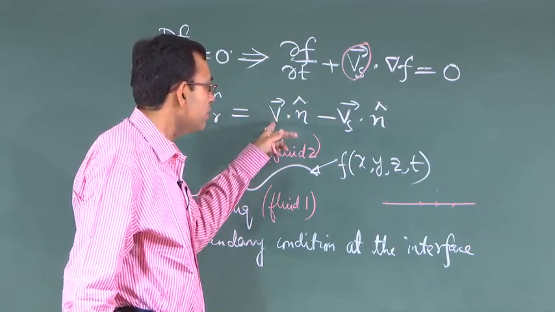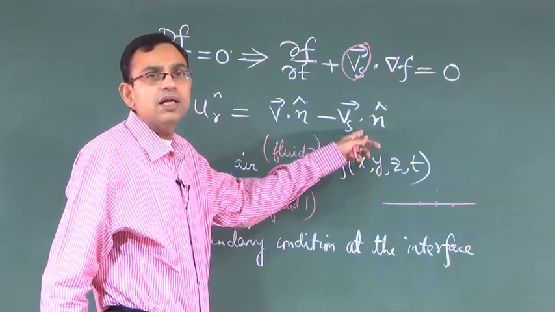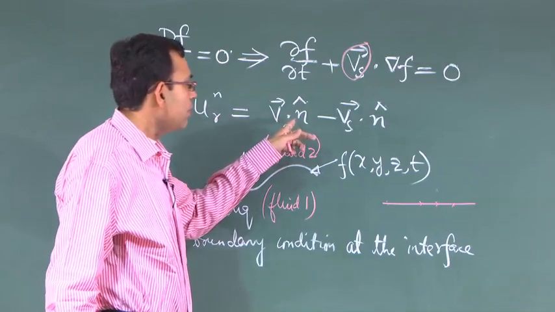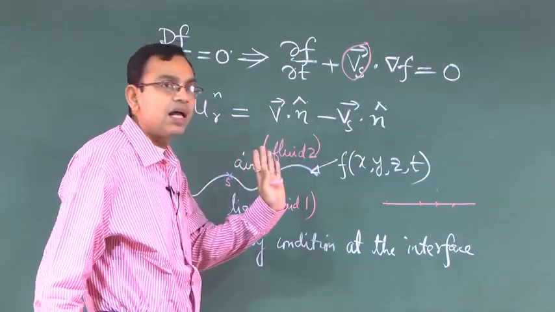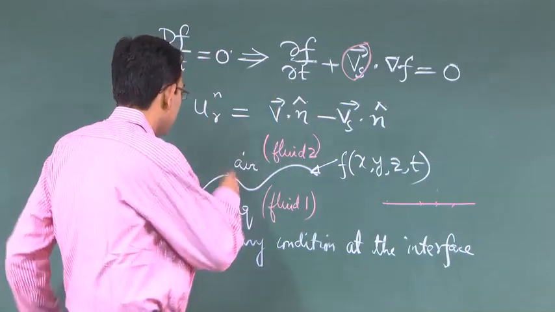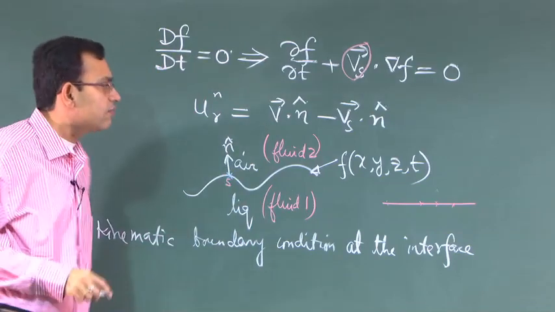So, that is the velocity of fluid minus velocity of a point on the interface. This is why we are making a dot with n, because it is the normal component of the interface velocity. n is the normal vector at the interface, the unit vector in the normal direction, that is giving the net flux.